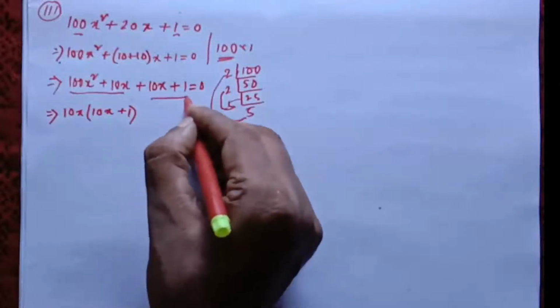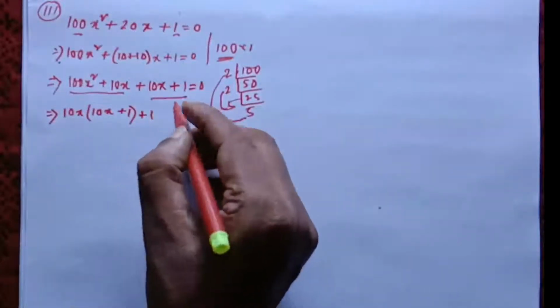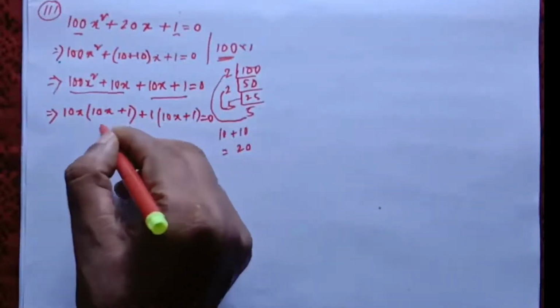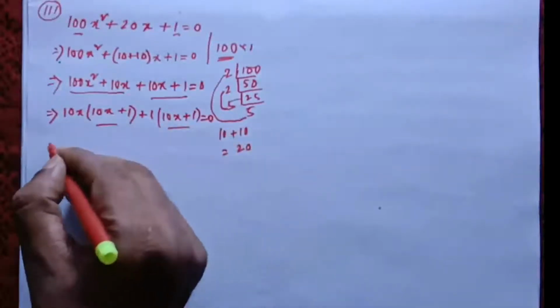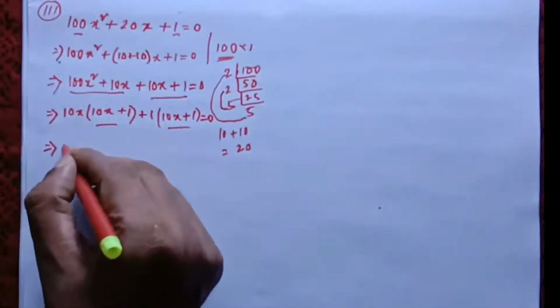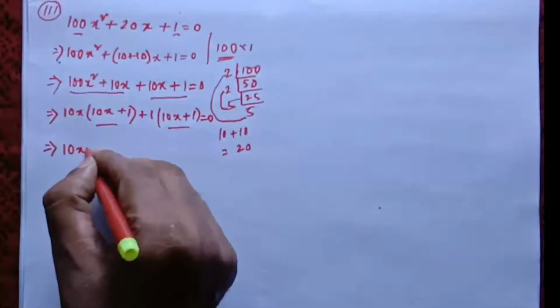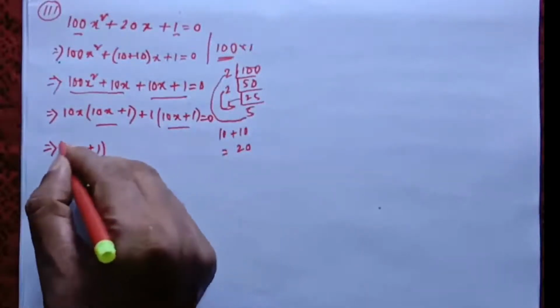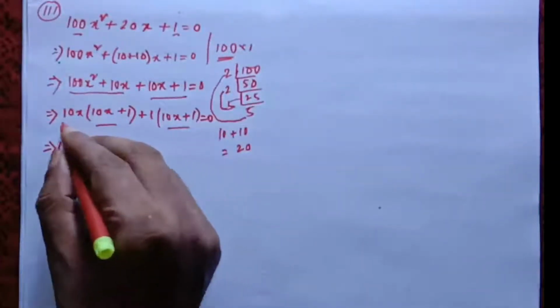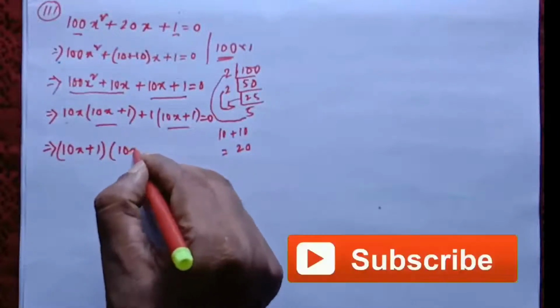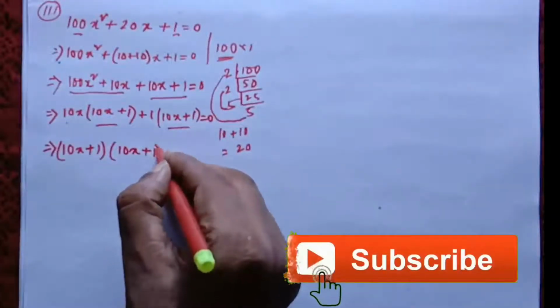We don't have anything common here, so we'll take 1 as the common factor. 10x plus 1 is common in both, so we write 10x plus 1 within bracket, left with 10x plus 1 equal to 0.